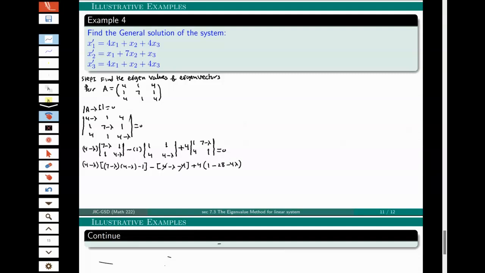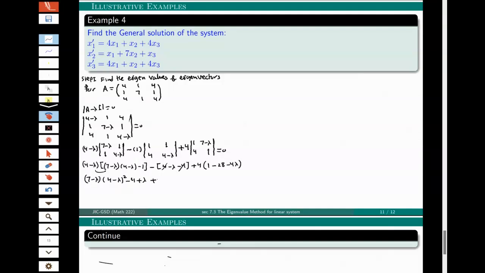So what I will get here, if I expand this one, I will get 7 minus lambda times 4 minus lambda all squared, and I will have minus 4 minus lambda, which means if I multiply by minus, it will be minus 4 plus lambda.